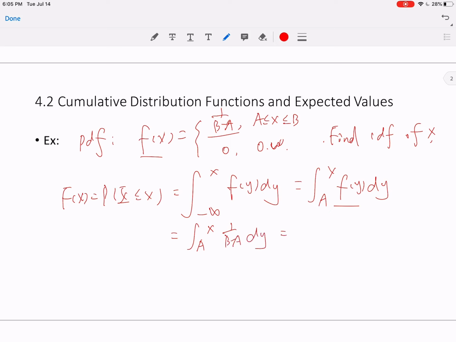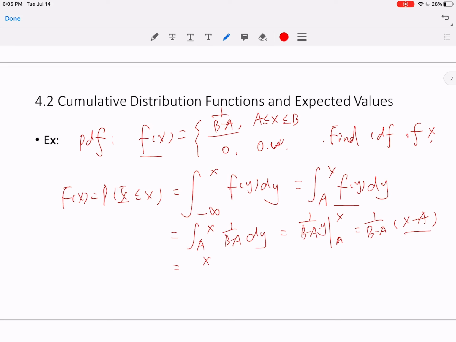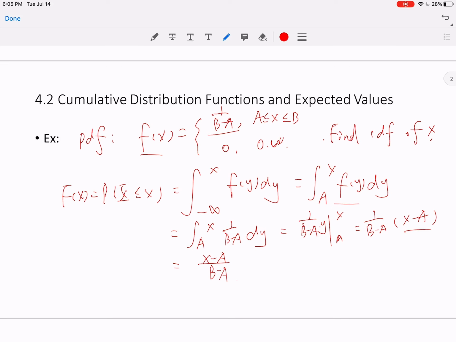That would be equal to 1 over b minus a times y from a to x, which is equal to 1 over b minus a times x minus a. So if you put this on the top of the fraction, that would be x minus a over b minus a.